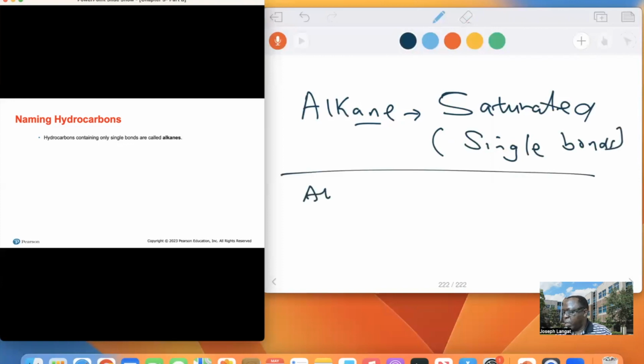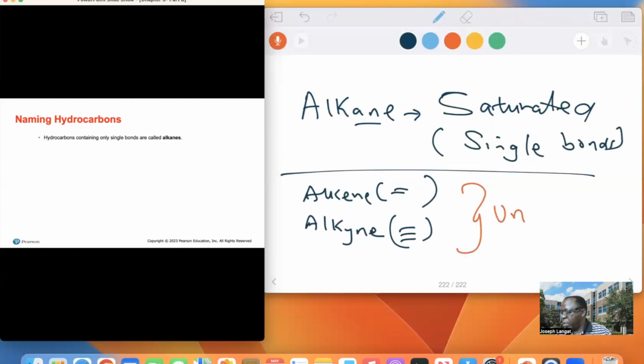Whereas an alkene with a double bond, or an alkyne, with a triple bond, these are called unsaturated. We say unsaturated.